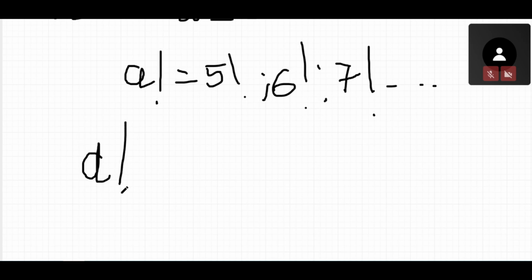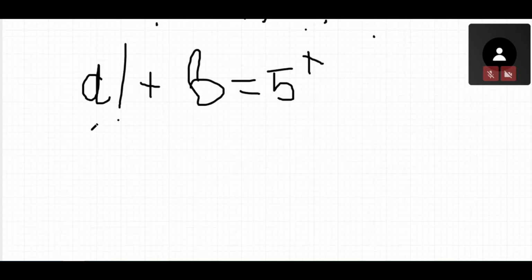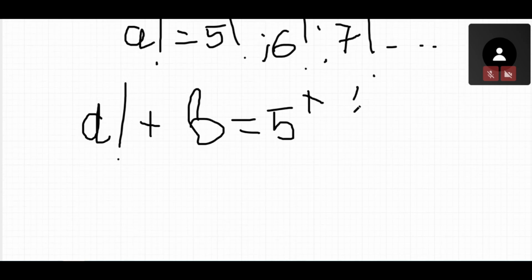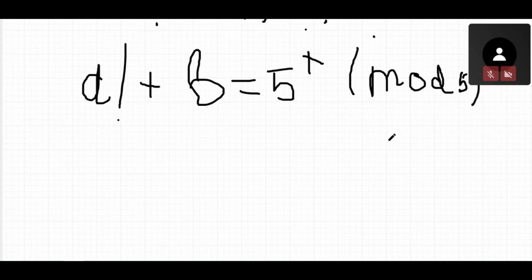a factorial plus b equals 5 to the power of x. If we take such an equation, and we know a is at least 5, then let's look at mod 5. Mod 5, a factorial gives 0 to us.